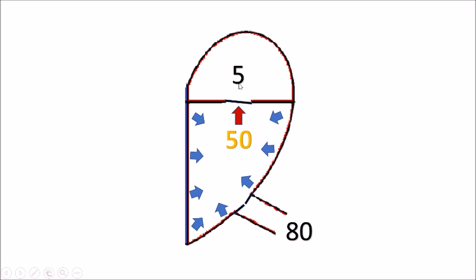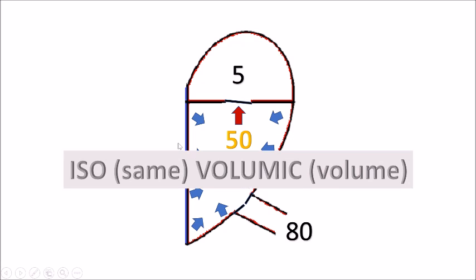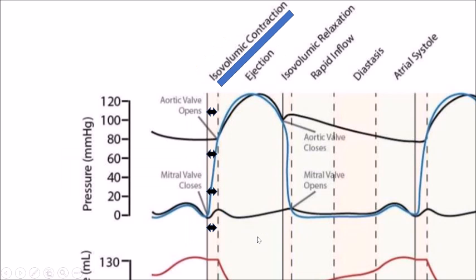We're increasing between 5 and 80, but the blood has nowhere to go even though the pressure is rising. Therefore, this phase is called isovolumic, same volume. Between 5 and 80, it has nowhere to go. So this isovolumic contraction sits right between the solid black line and the dotted line. We're waiting for this ventricular pressure to rise high enough to beat the aortic.